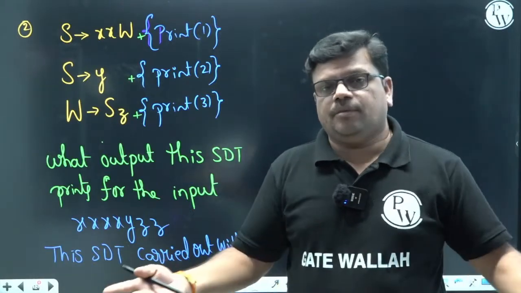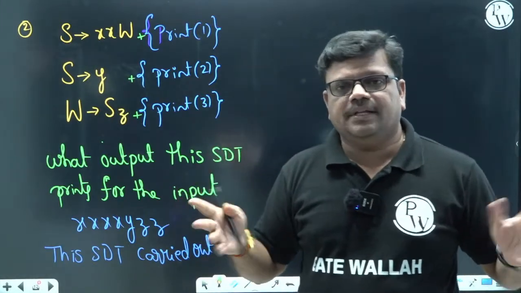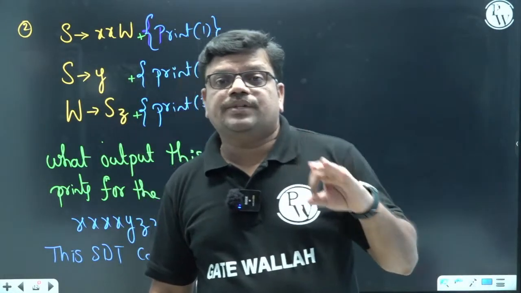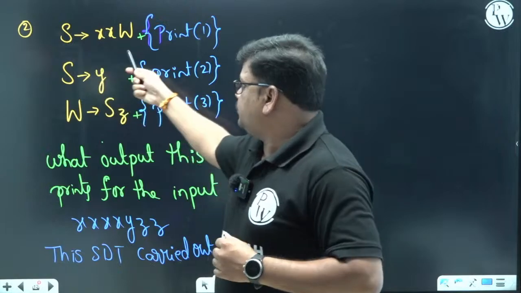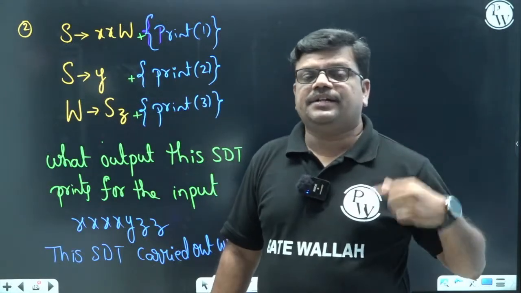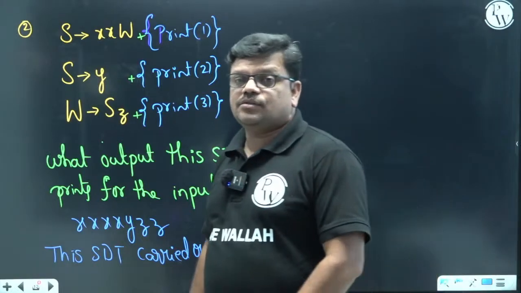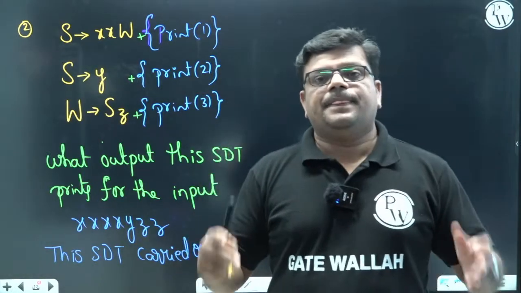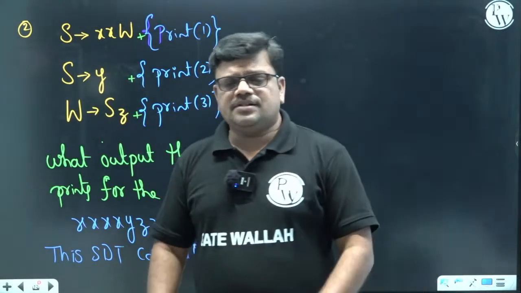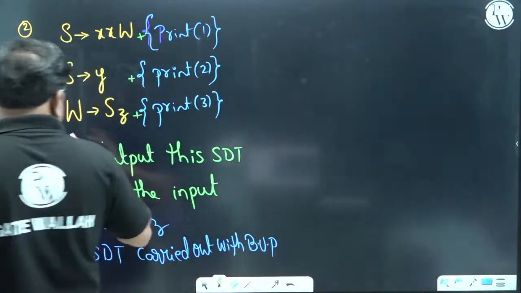Sometimes there may be none, sometimes more than one. All these are allowed here. So a context-free grammar production associated with a set of semantic rules is called SDT, syntax directed translation.